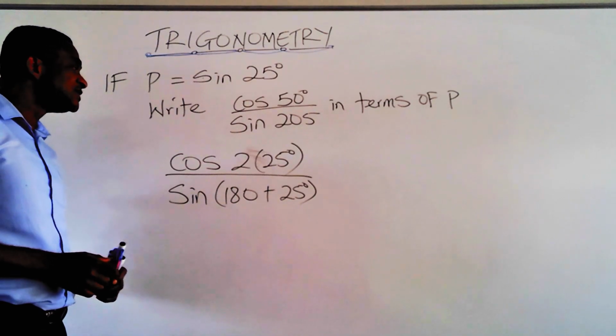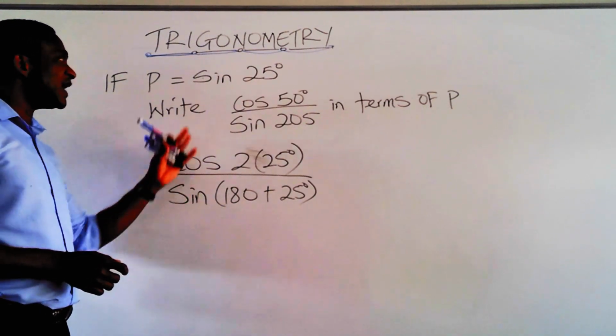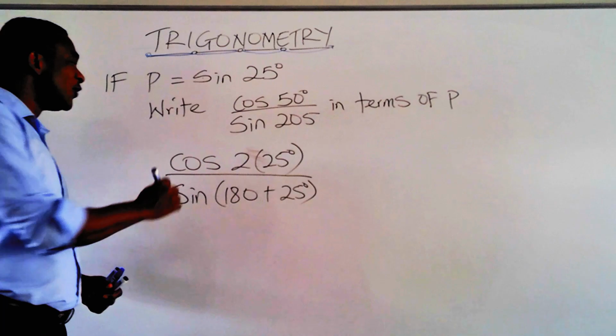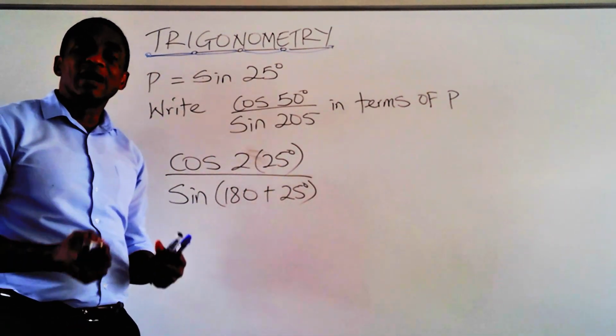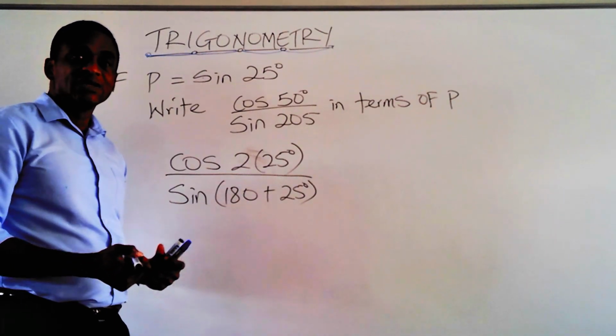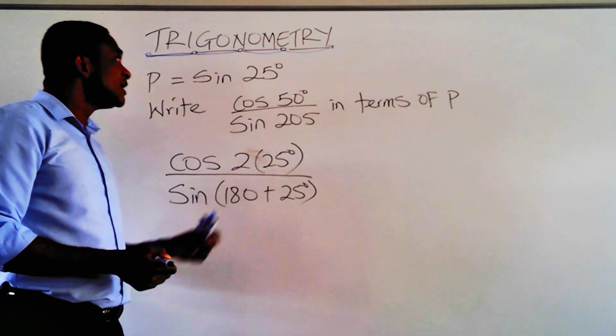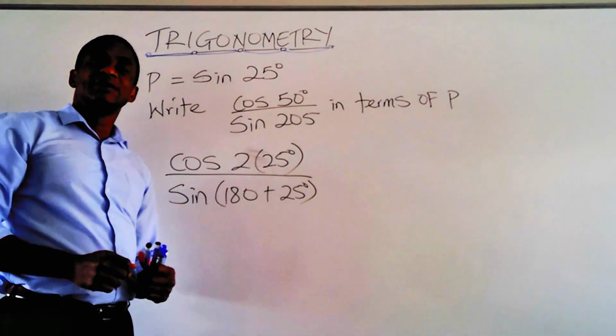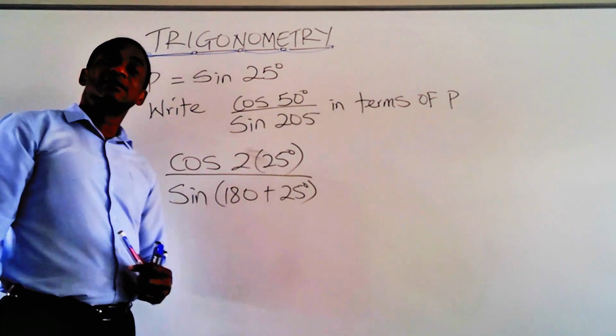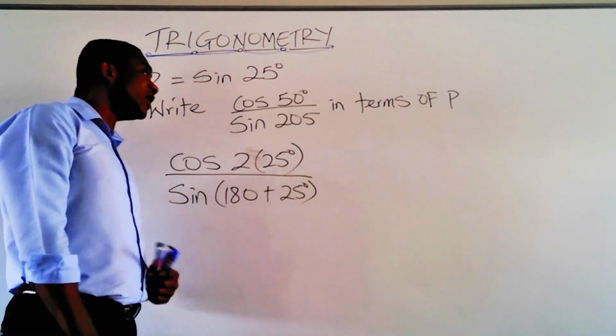Now what do we do? We go straight to plugging in the values that will represent that. Now cos 50 is a double angle identity. But since we are working with sine, we have to focus on the double angle identity that gives us sine.